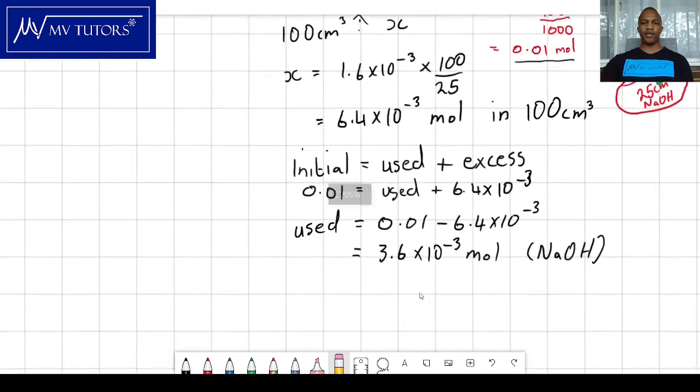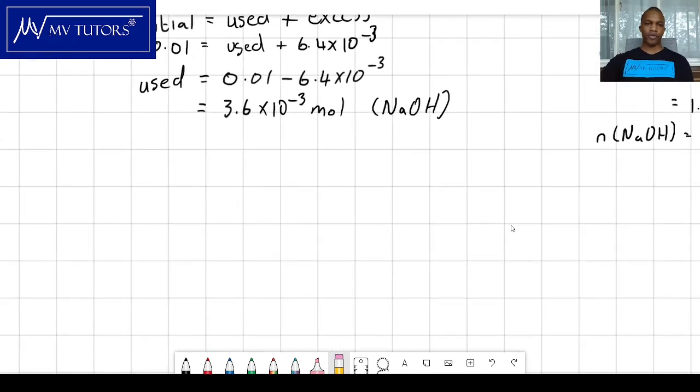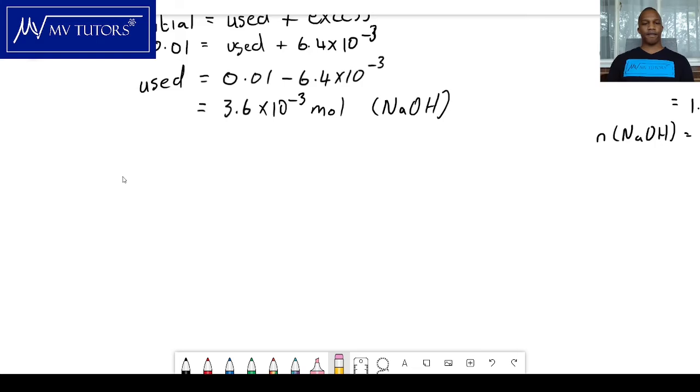Okay, so then we can say between ammonium chloride and sodium hydroxide, it's also basically 1:1.